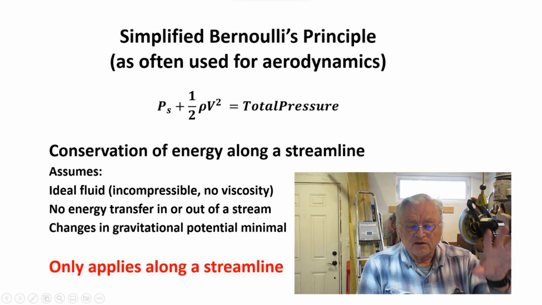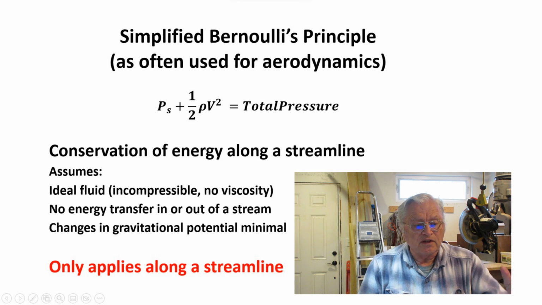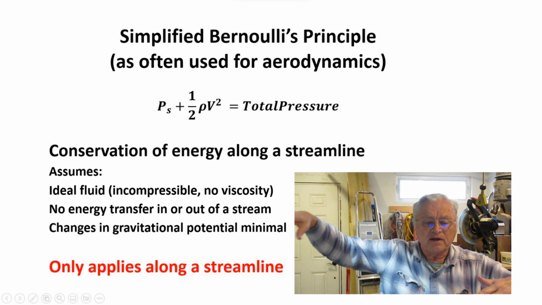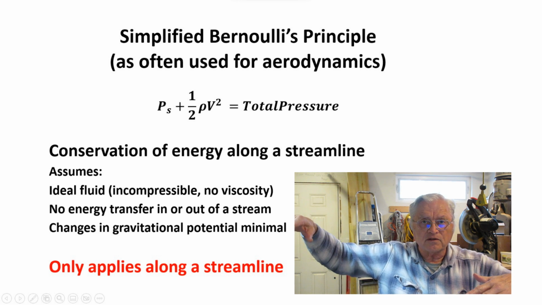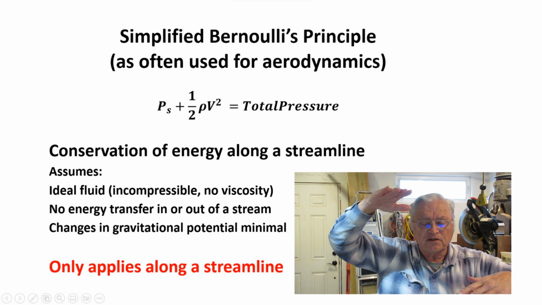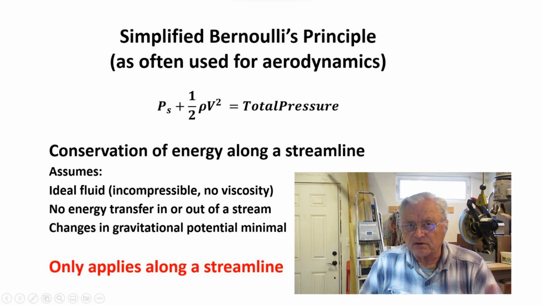In this situation, our terms are the static pressure and the velocity, and you can see from the equation, if the pressure goes down, the velocity has to go up to maintain that constant total pressure. We're trading pressure energy for kinetic energy. So that's where we get the idea that faster is lower pressure from this equation.